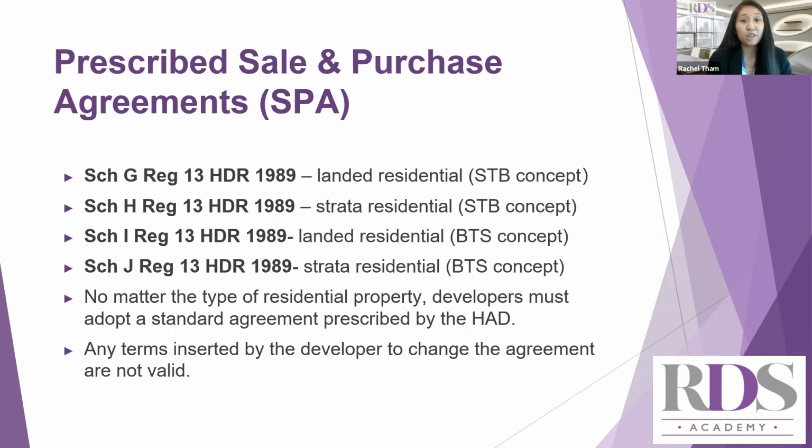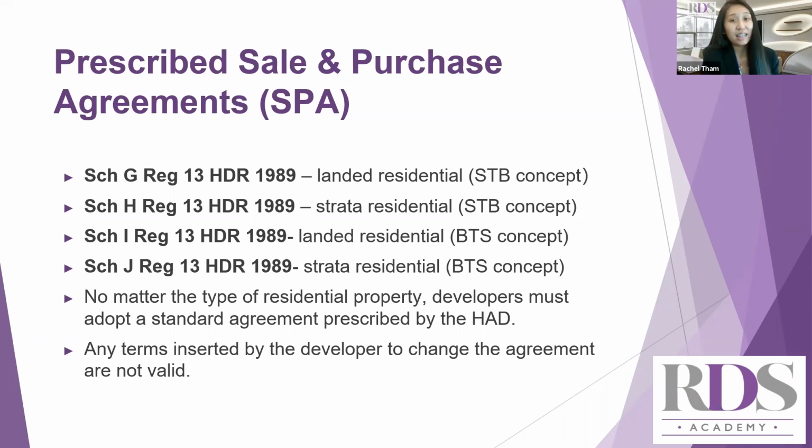So there are different schedules for SPA under the HDR, which are issued according to the type of property and its purchase method. For instance, Schedule G of the 1989 regulations is for the sale and purchase of landed properties. The property units under this category are sold under individual titles, which will be issued to the home buyer.